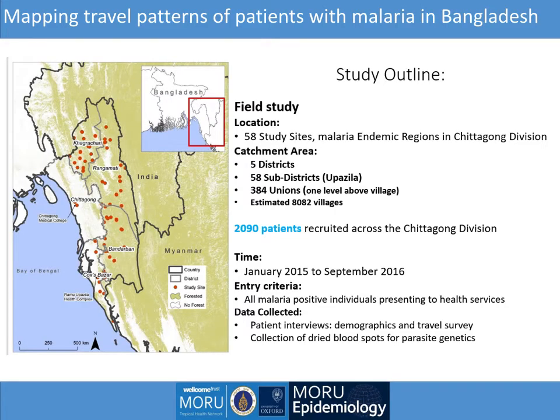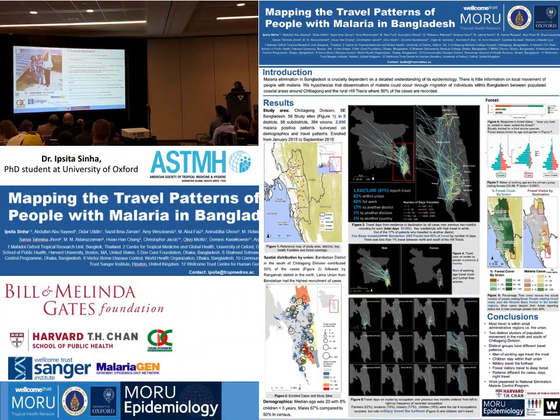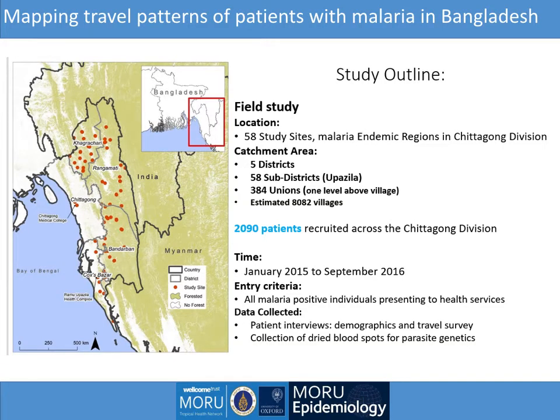I'll talk about the next project, mapping travel patterns of patients with malaria in Bangladesh. 58 study sites were selected in 5 districts in Chittagong division, and samples were taken from 290 patients from January 2015 to September 2016.